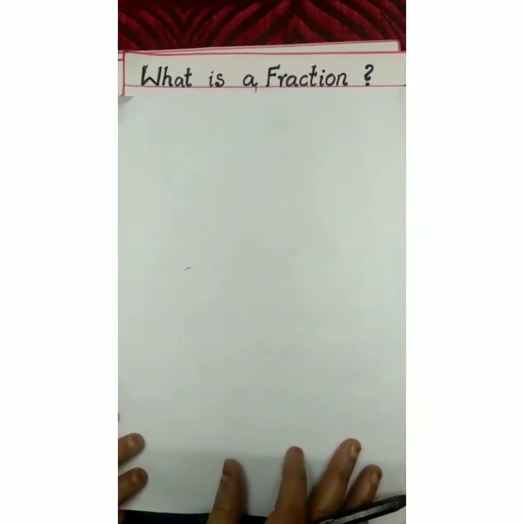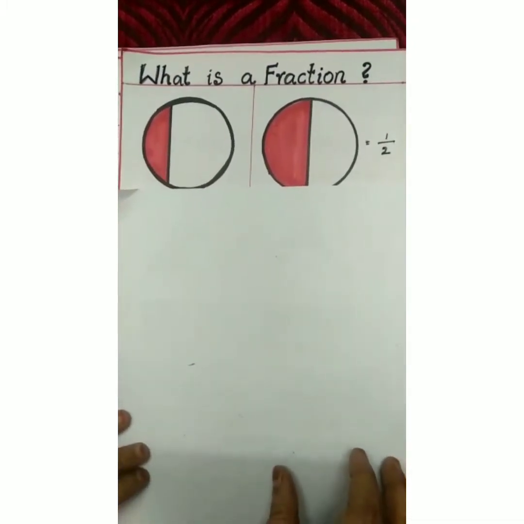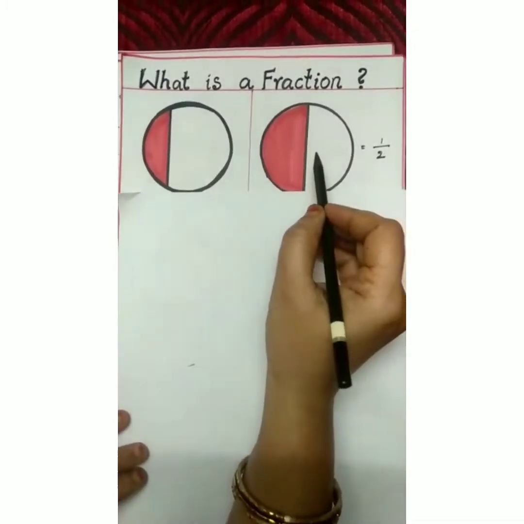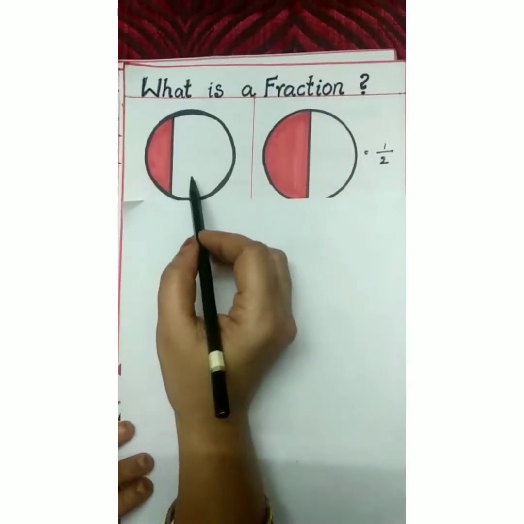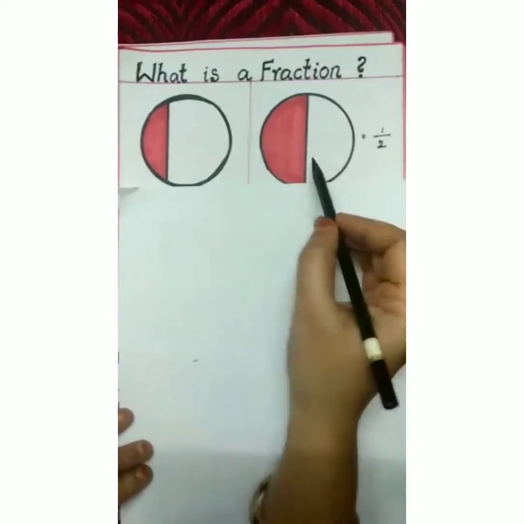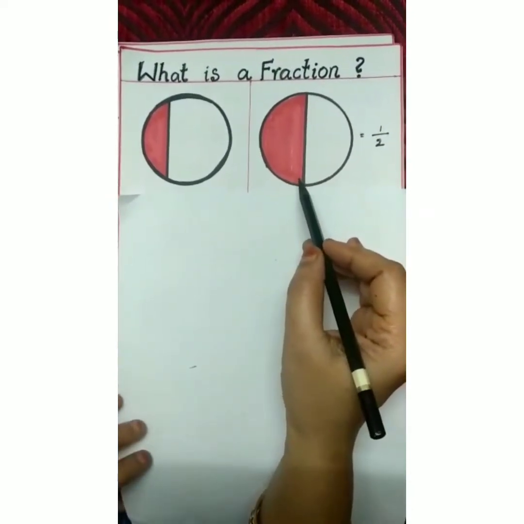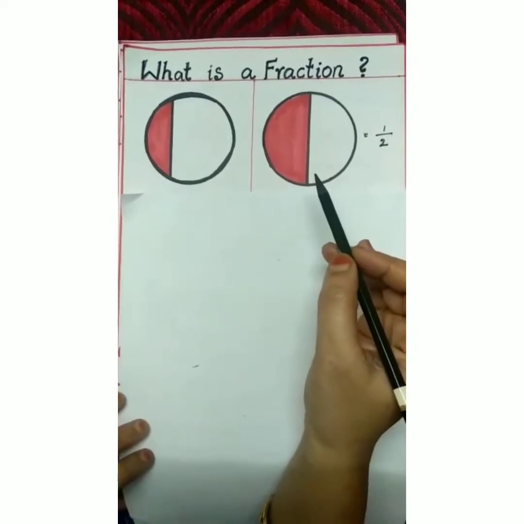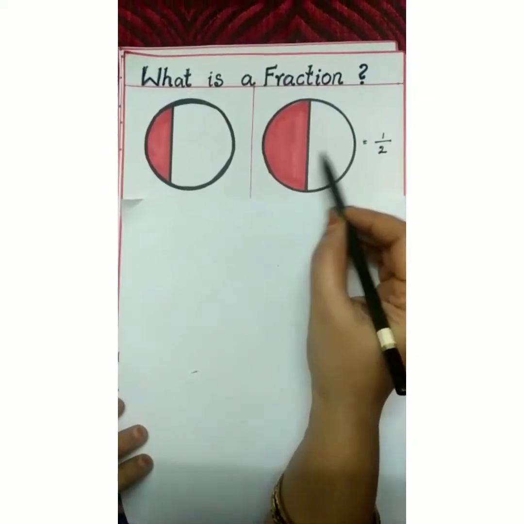Now tell me, what do you mean by a fraction? Observe some figures. Here you have two circles divided into two parts. Are these parts equal in the first circle? No. In the second circle? Yes. If you divide something into equal parts, there is a lot of mathematics behind it. In the second circle, we find two equal parts.